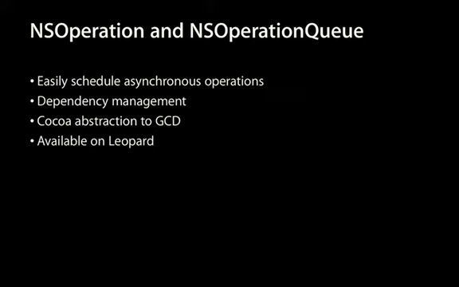One feature that these classes offer above what you get with Grand Central Dispatch is dependency management. You can declare that some operation, which is a unit of work just like a block in Grand Central Dispatch, is dependent on some other operations. And you can enqueue them all together, and the operating system will figure out how to execute your operations in the right order so that all the dependencies are satisfied.